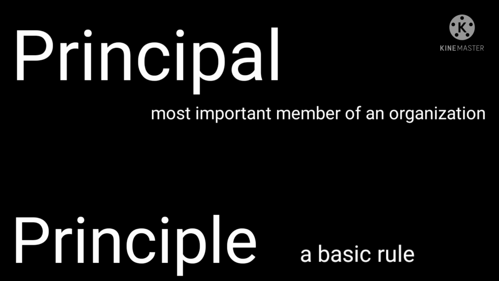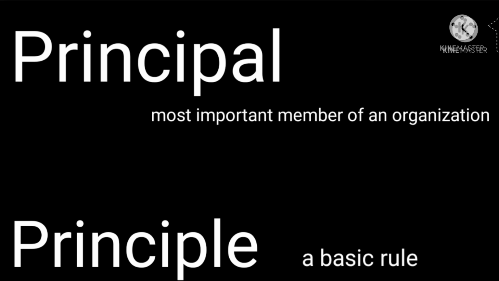When we are talking about principal, P-R-I-N-C-I-P-A-L, like a school, each school has a principal. If I say, my mother went to the school to meet the principal. So the head of the department, right? And the head of the school.